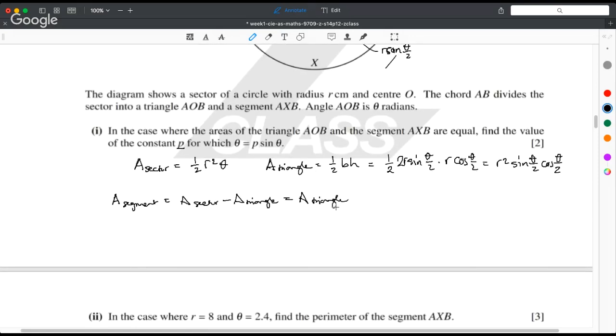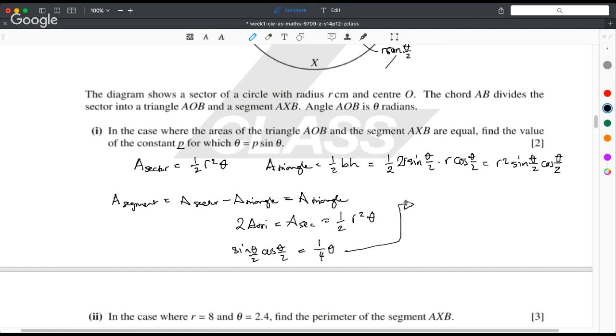So we can rearrange this, bring that triangle over here, and get 2 times the area of the triangle equal to the area of the sector, which is 1/2 r squared theta. So we have that sine theta over 2 cosine theta over 2 is equal to 1/4 theta, just plugging in that result we got before.